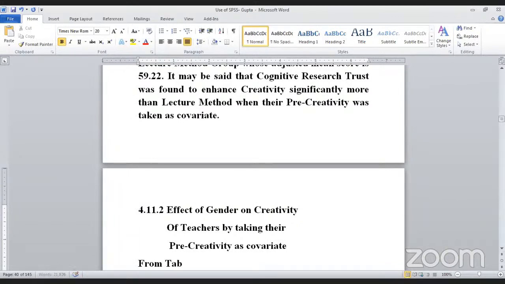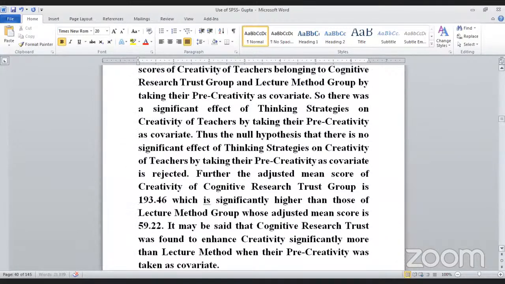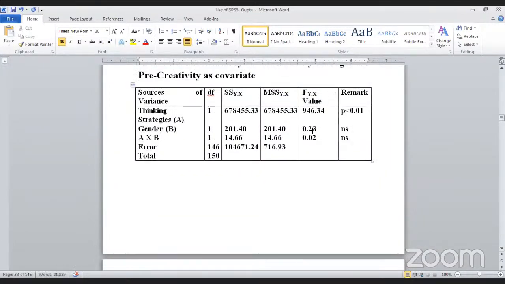From table 4.11, it can be seen that the adjusted F value for gender is 0.28, and it is not significant.